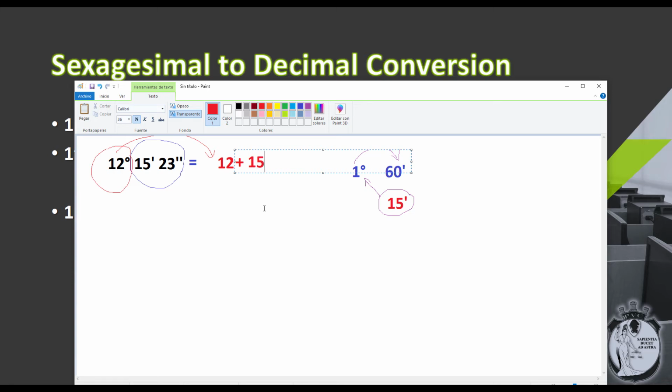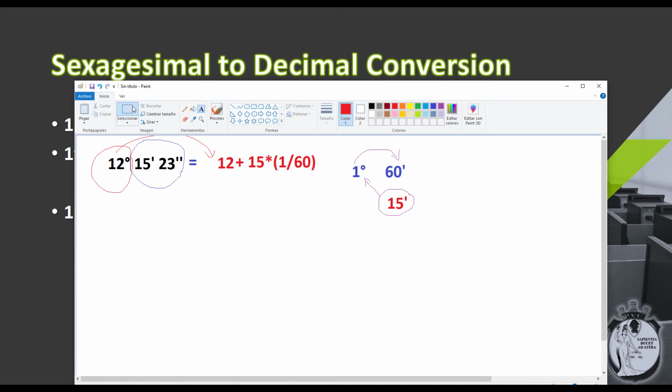So here 50 times 1 divided by 60. This is the reason you need to calculate that conversion.